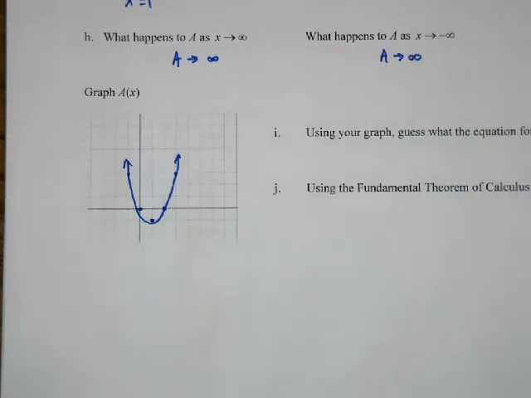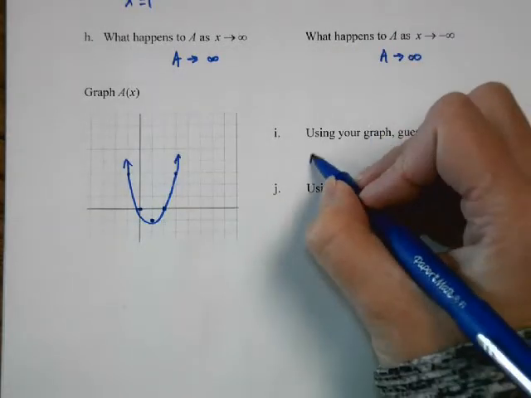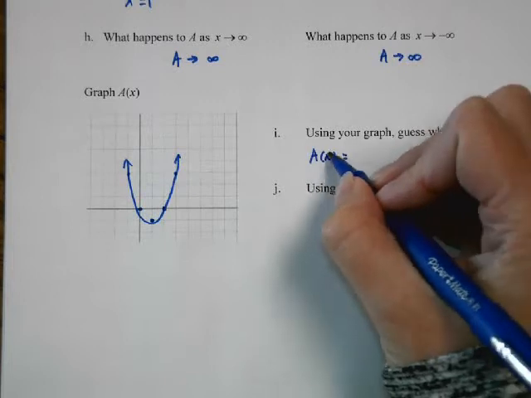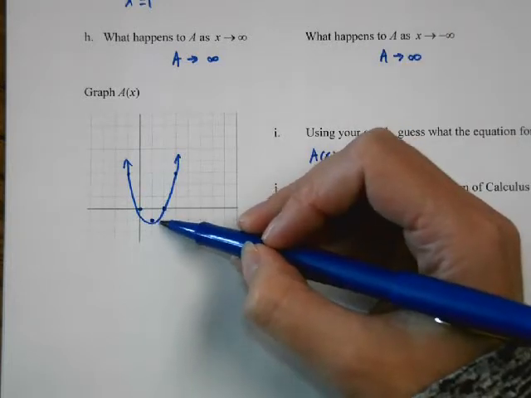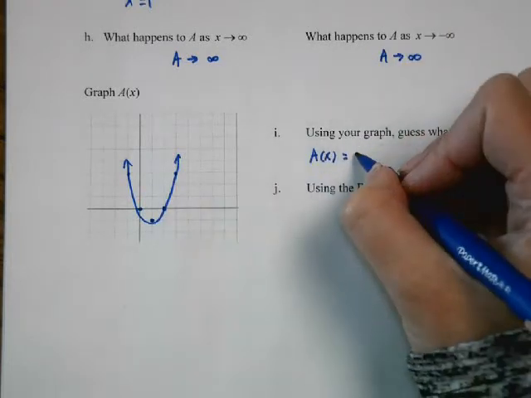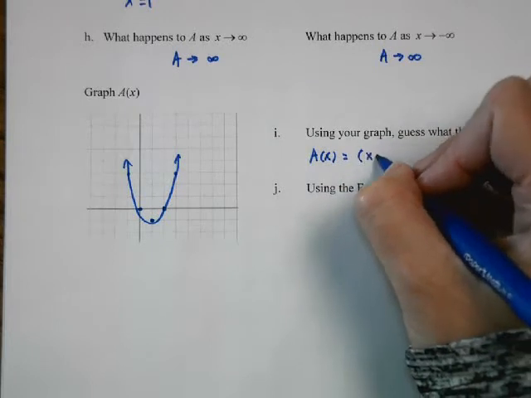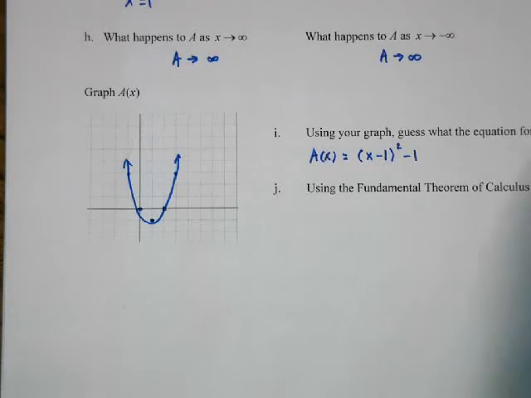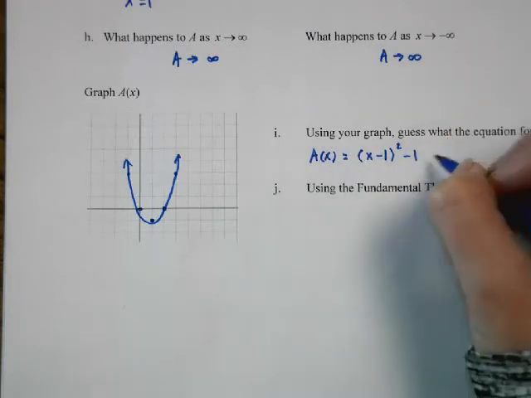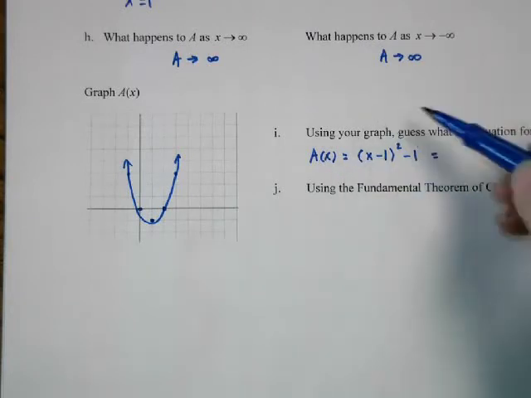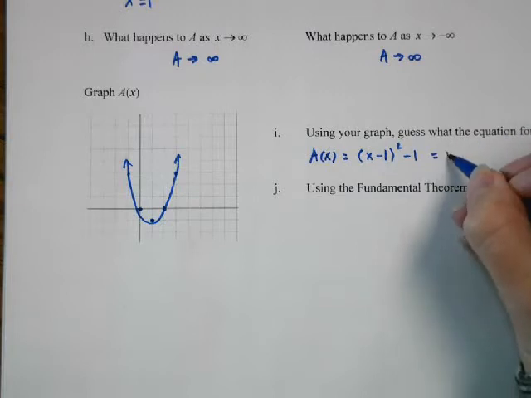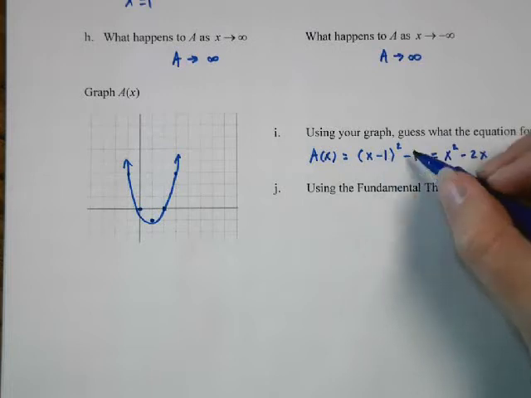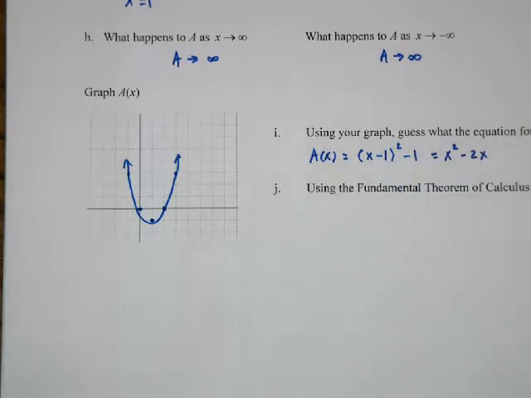Okay, well that just looks like a parabola, right? So it looks like just a regular parabola, over 1, up 1, moved to the right 1 and down 1. So if I simplify this, we're going to have x squared minus 2x plus 1 and then minus 1.